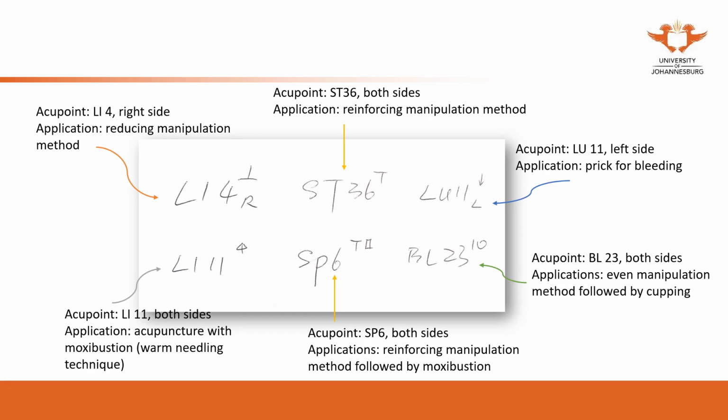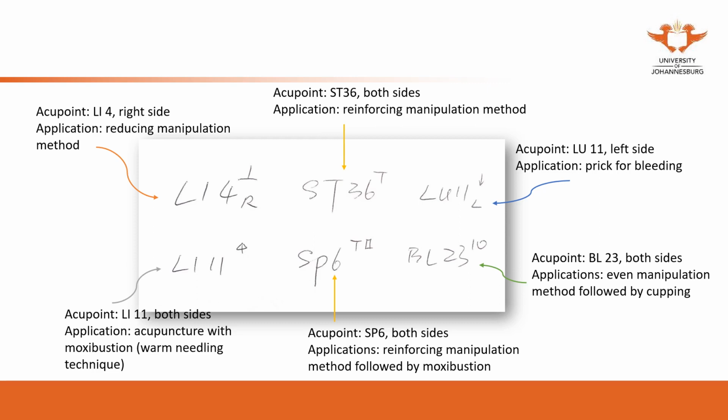So for this prescription: Large Intestine 4, on the right side, reducing technique. Stomach 36, on both sides, reinforcing technique. Lung 11, on the left side, prick for bleeding.